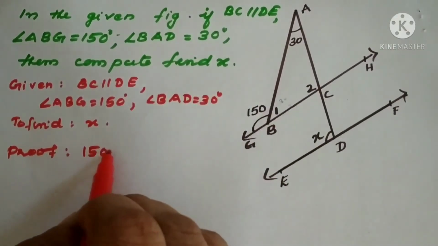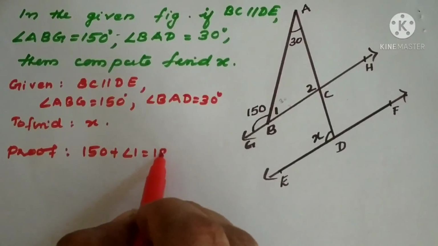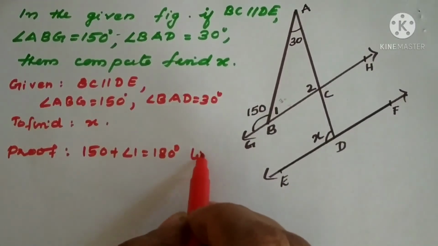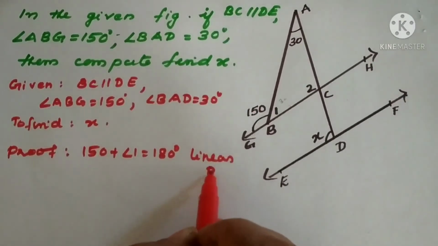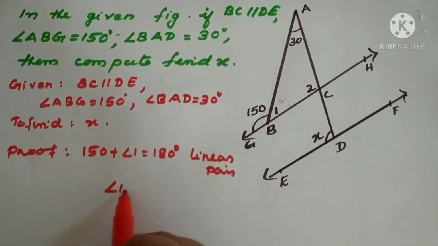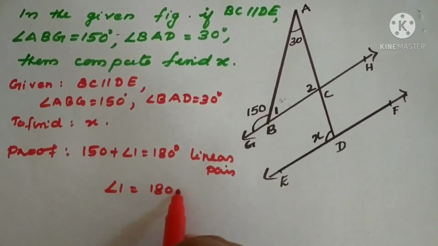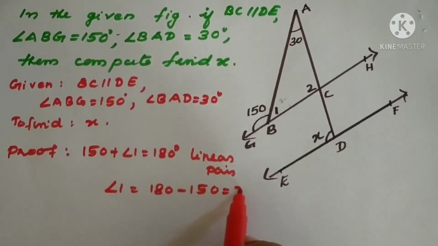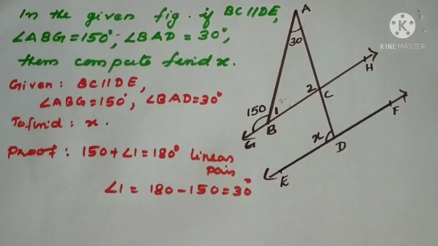150 plus angle 1 equal to 180, linear pair. So what is angle 1? Angle 1 equal to 180 minus 150 equal to 30 degree, right?